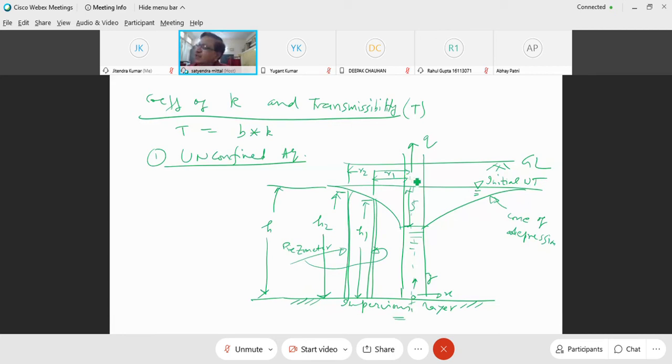And say the radius of this well is small r, and the maximum radius of the cone of depression is capital R, up to here. So I have defined all the points. Now let us choose any point P which has the coordinates x, y on this cone of depression.